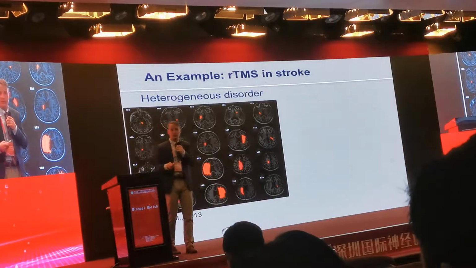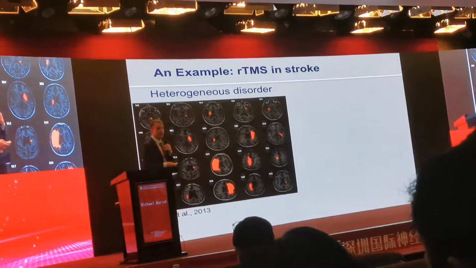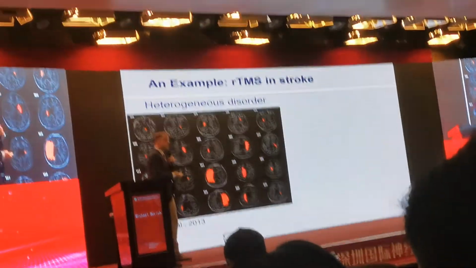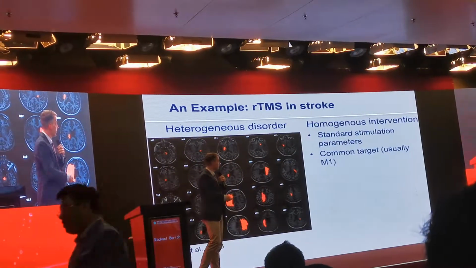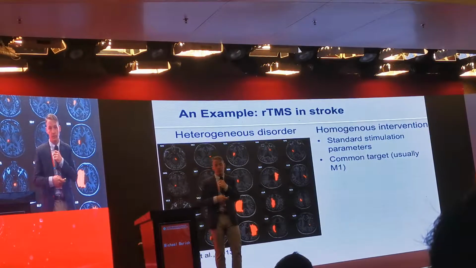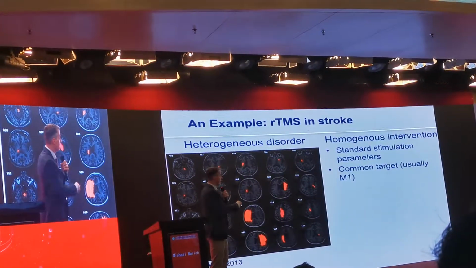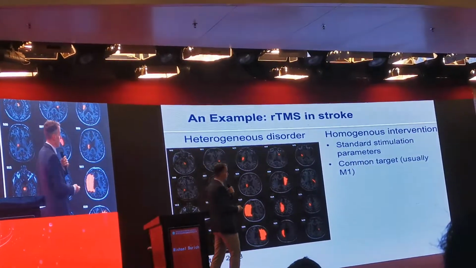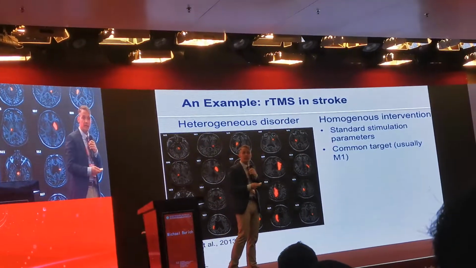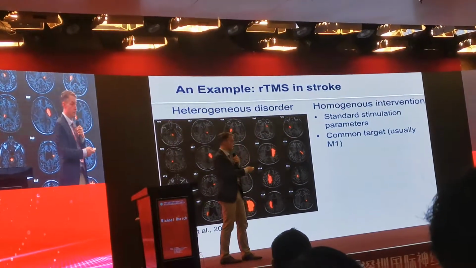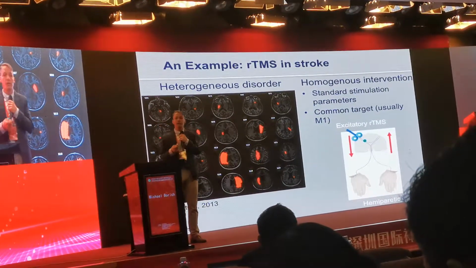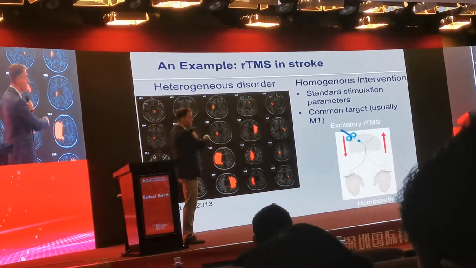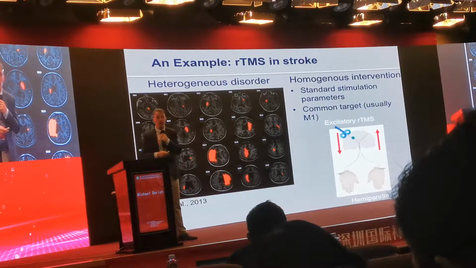In red are the stroke lesions, and hopefully you can appreciate they're different sizes, in different locations, and all these individuals have different levels of impairment. However, the field typically provides what we consider a homogeneous intervention: standard stimulation parameters and a common target, typically the motor cortex, a one-size-fits-all approach, even though we know these individuals are all quite different.